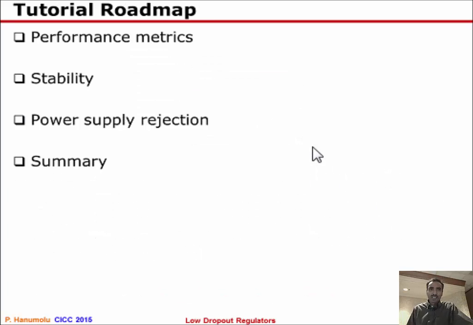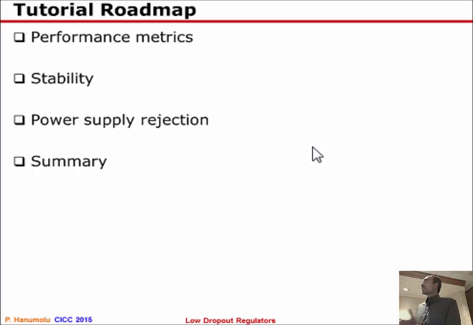With that in mind, I would like to start off by describing the performance metrics. These are the goodness metrics of an LDO, and then address two important aspects of LDO design. First of all, this is a feedback loop, so one has to ensure that it is stable, and it has to be stable under varying output load capacitances and also varying load currents.